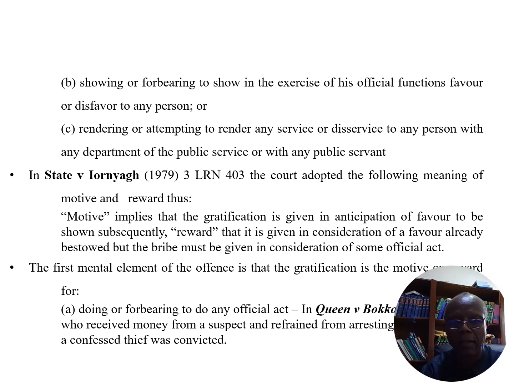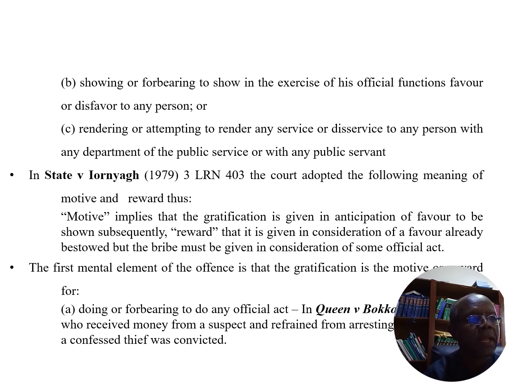So like I said, the mental element of the offense is that the gratification is a motive or reward for, A, doing or forbearing to do any official act, or B, showing or forbearing to show, in the exercise of his official functions, favor or disfavor to any person, or rendering or attempting to render any service or disservice to any person with any department of the public service or with any public servant.